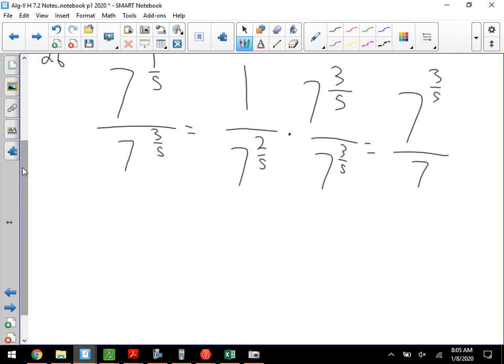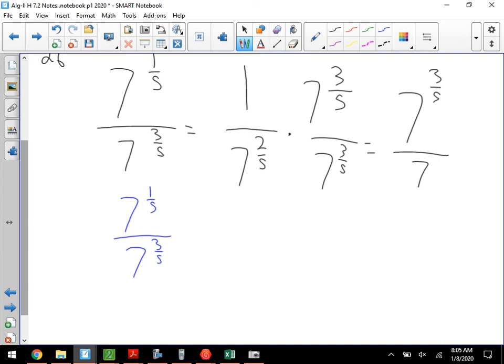Now, the other method that you could have done: it's 7 to the 1/5 over 7 to the 3/5. This will show up from time to time here when we get some more variable stuff in about 5 minutes. When you don't have a whole in the denominator, everybody agree that 3/5 isn't the whole?